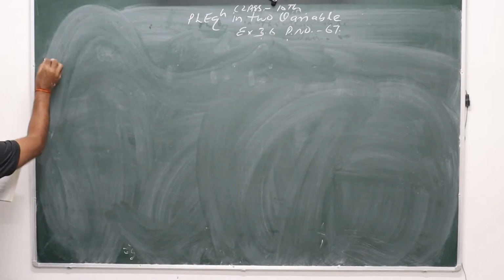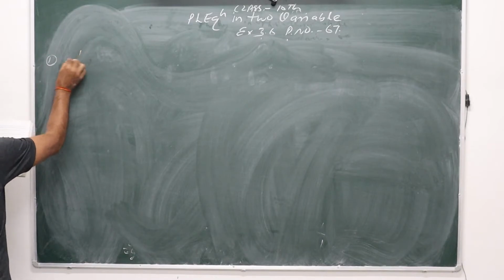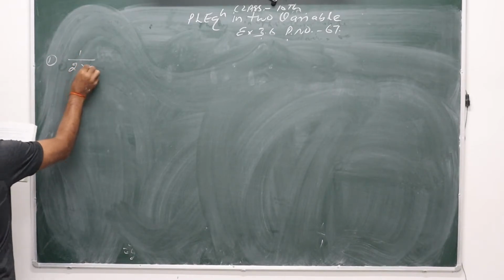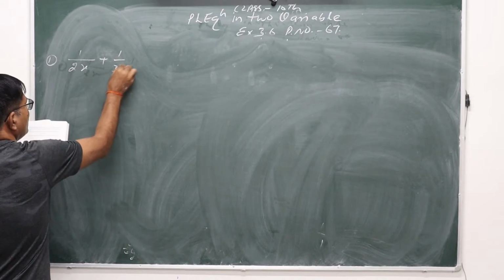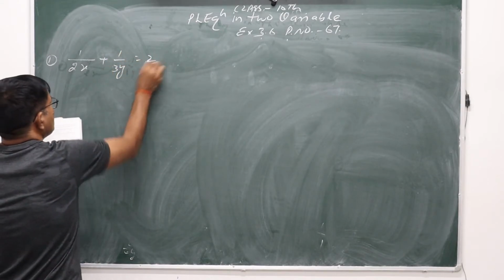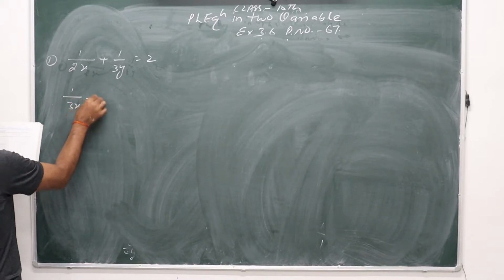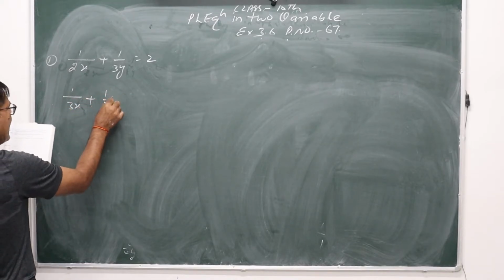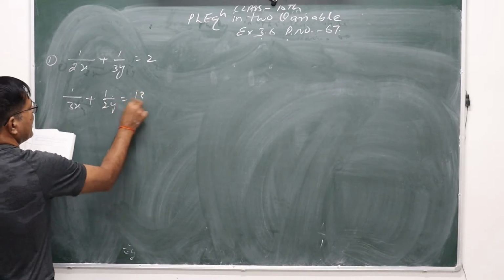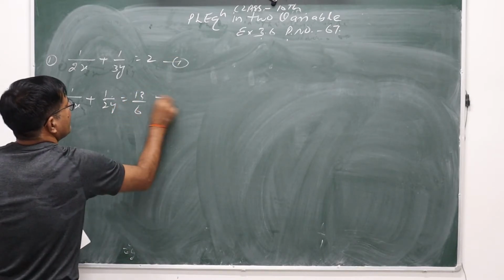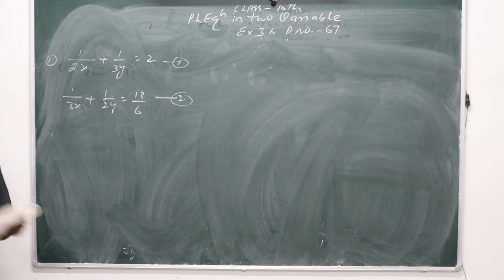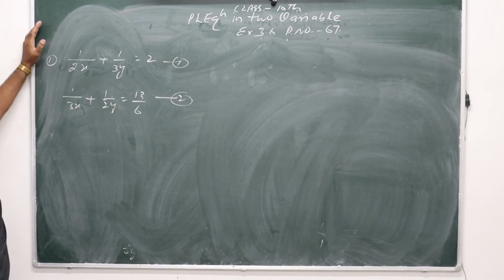Question number one is 1 upon 2 into x plus 1 upon 3 into y is equal to 2, and second is 1 upon 3x plus 1 upon 2y is equal to 13 upon 6. These are the two equations, which are not in standard form.